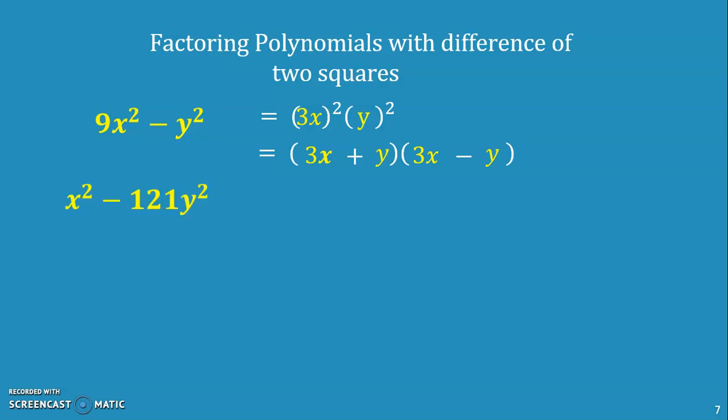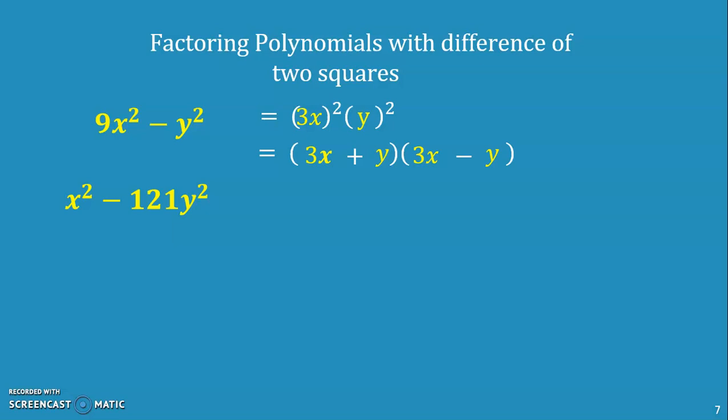Next, x squared minus 121y squared. Perfect square or not? Let's identify. X, first term natin dito is x, perfect square, check. Second term, 121y squared, perfect square or not? Yes, it's a perfect square because this 121 is 11 times 11.